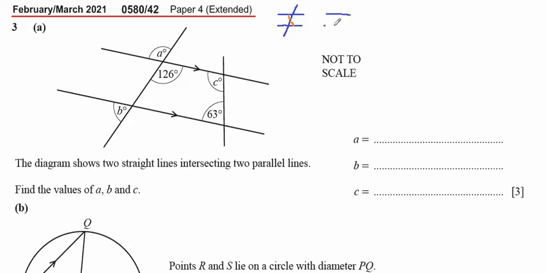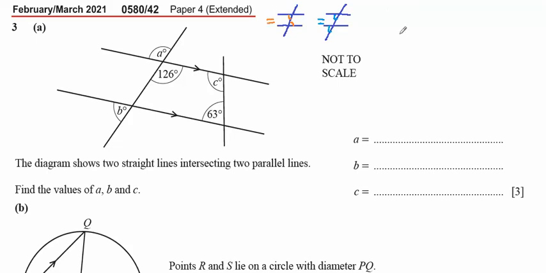Similarly, if we have two parallel lines and a transversal, then this angle is equal to this angle. These are corresponding angles, and these are also equal. And these alternate angles are also equal.